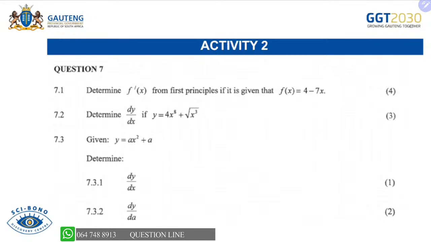I think we can quickly copy this one and try to work it out. Let's jump the first part. We have done the first principles and we just do 7.2 and 7.3. In 1 minute, we should be able to mark this one. I'm giving you 1 minute.